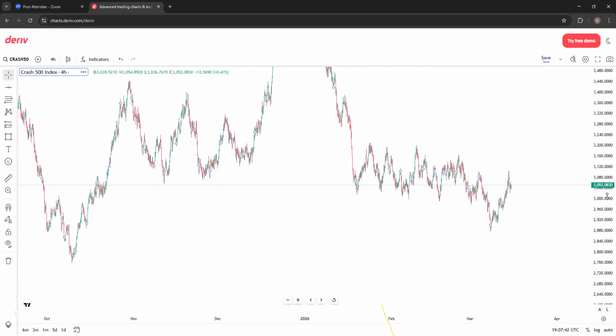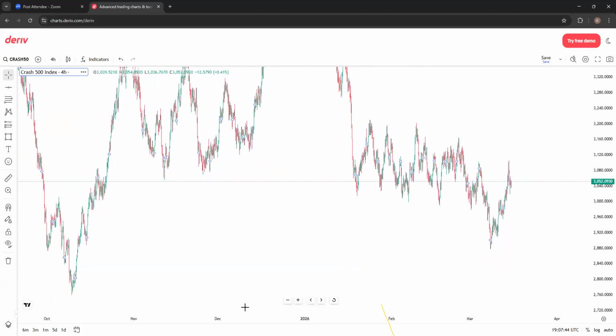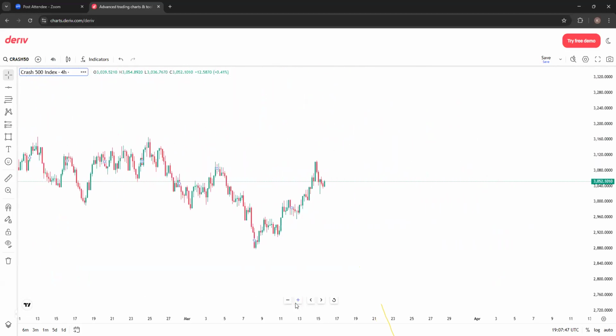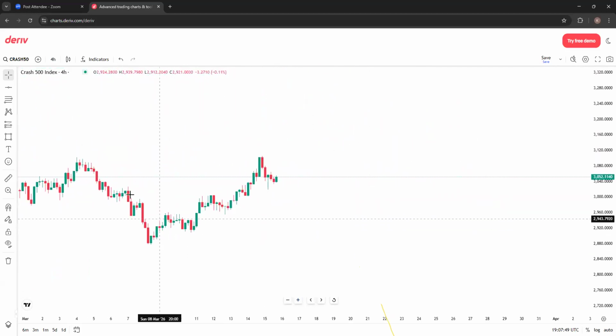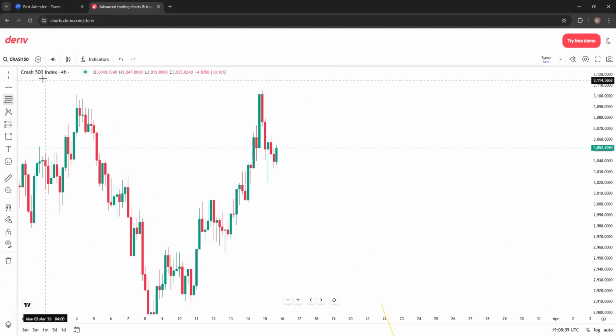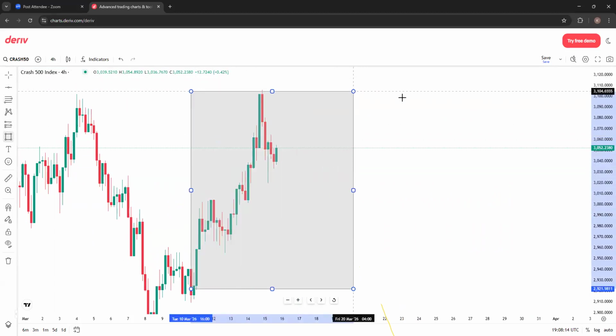What you can see on Crash 500 currently is we've been given a strong downtrend, but we are buying, meaning that we are making highs, lows, highs, lows, highs. If we are at a stage like this, when we take our fib, let's forget for now that we had this whole move over here that I've grayed out.